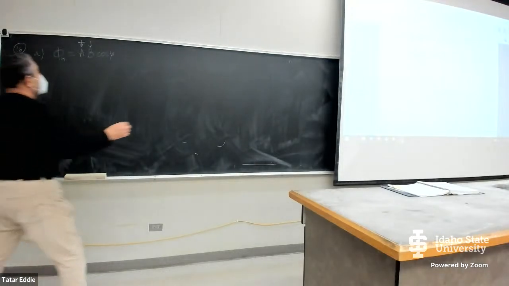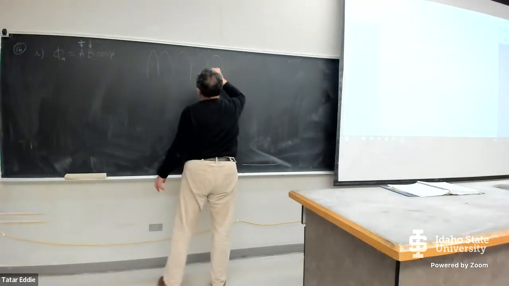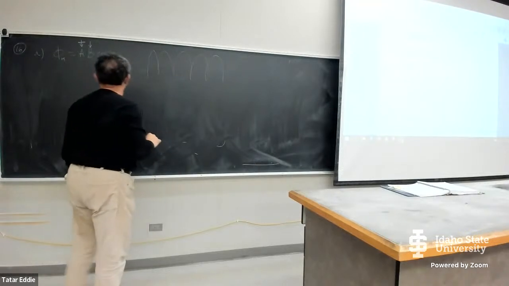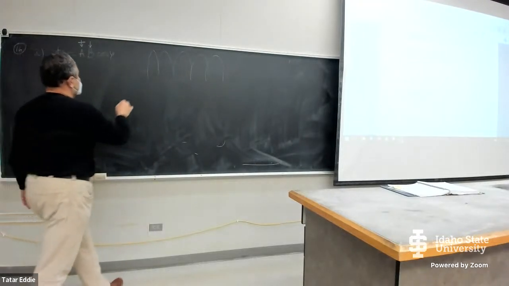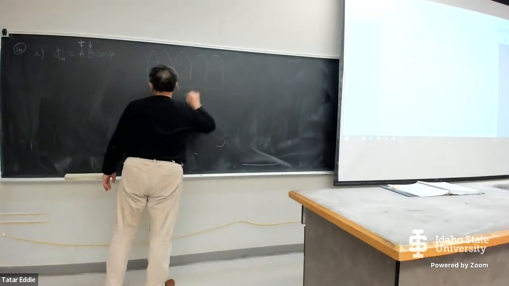So in our problem, here is the solenoid, and here is the loop inside the solenoid. Of course, you have some current right here.